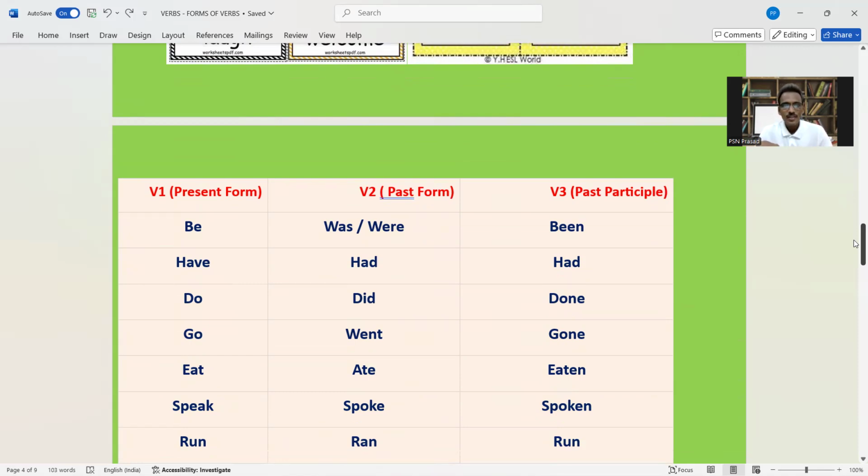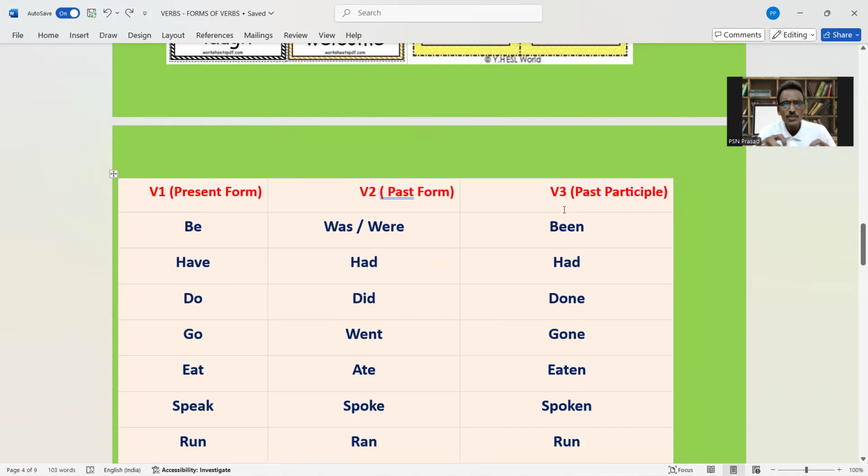And also another important, the most important point to note here is the verbs. They come in three forms. What are they? That is the present form, V1, the past form, V2, and the past participle form, V3.